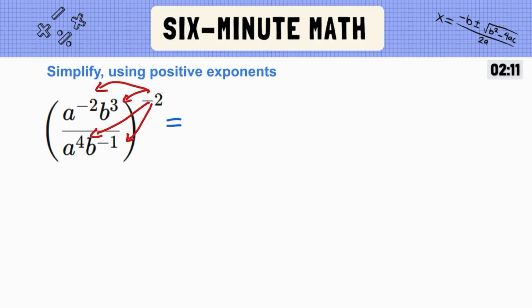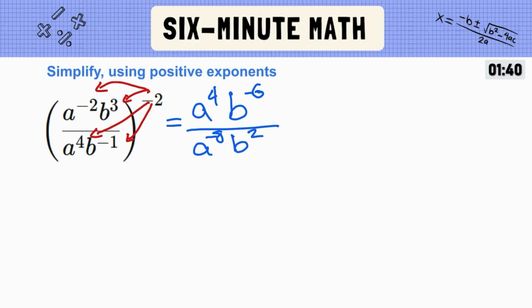A to the negative 2 times negative 2 would be a to the 4, and b cubed to the power of negative 2 would be b to the negative 6, because I would multiply those exponents together. I would divide that by a to the 4 to the power of negative 2, which would be a to the negative 8, and b to the negative 1 to the power of negative 2 would be b squared.